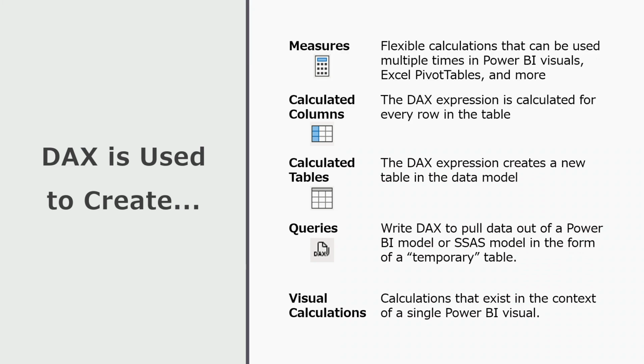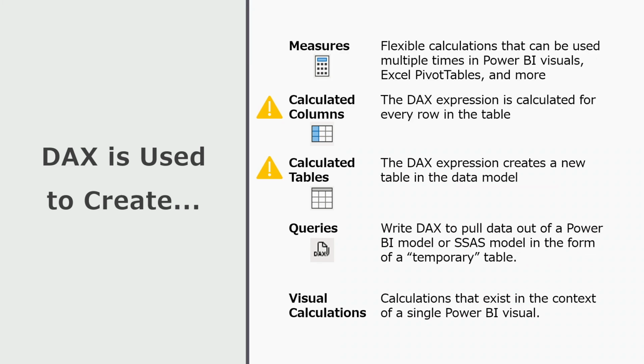Well, a visual calculation is just DAX that lives in the context of a single visual within our Power BI report. Like I said, it's still a fairly new feature. It's not one we're going to look at today, but one I just want you to be aware of. There are some good use cases for visual calculations, but it's a little beyond what we're going to cover here in a 101 course.